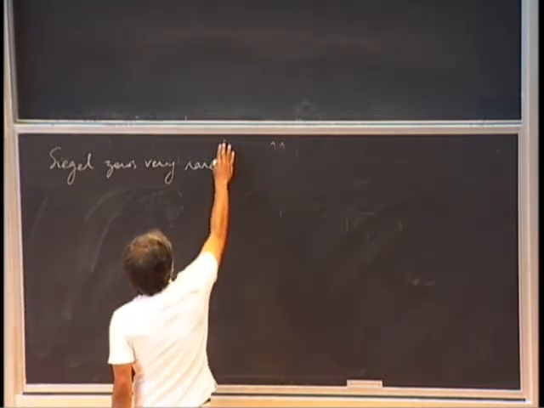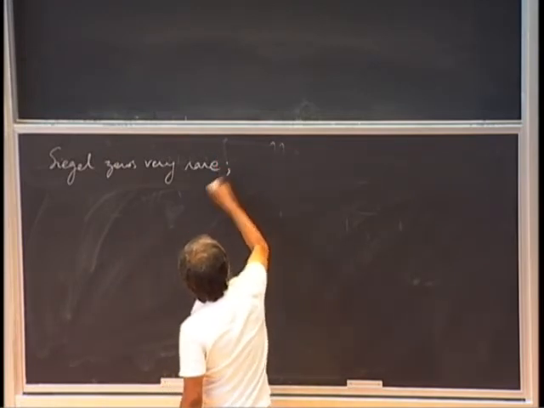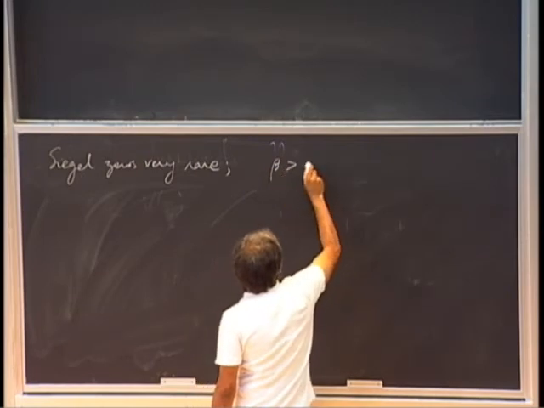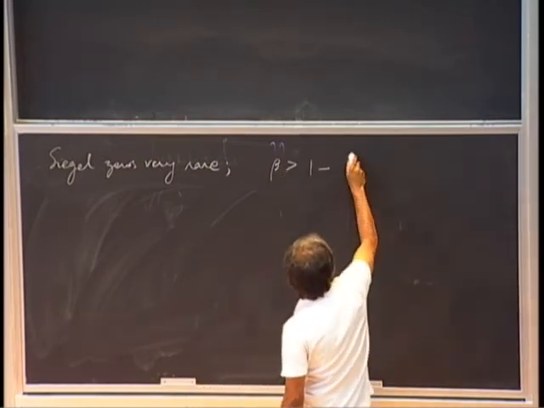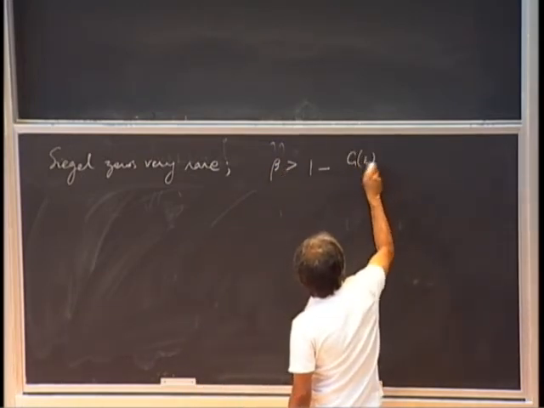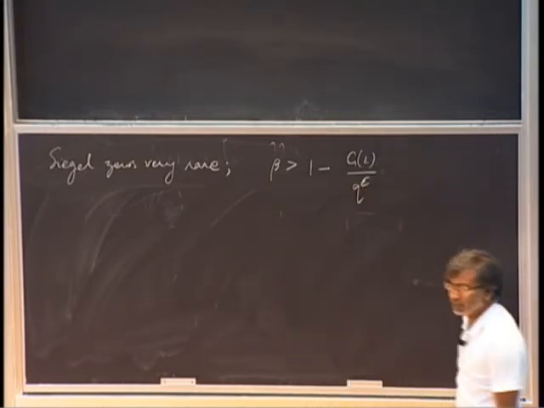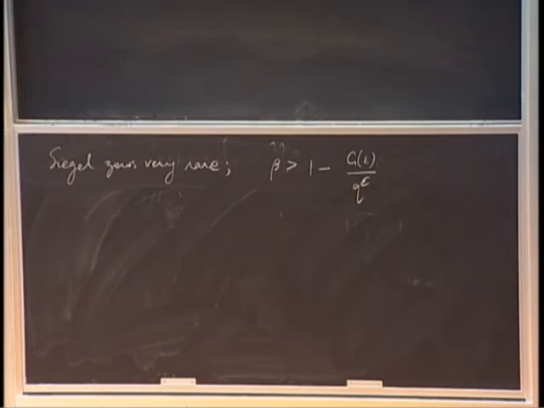And also we have Siegel's theorem that even when they exist, you can say that beta is bigger than 1 minus some constant depending on epsilon divided by q to the epsilon. And I think that this was something that maybe Zeb and Benny covered in one of the tutorials as well, right?